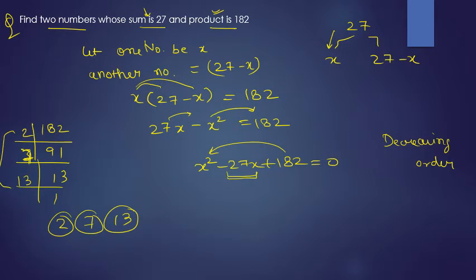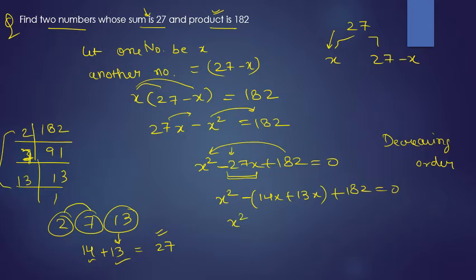You need 27, right? So let's say 7 2s are 14 and 13. If you add them, you will get 27, right? That is okay. But you need them in minus, right? So x square minus, then for 27, you can write it as 14x plus 13x, right?